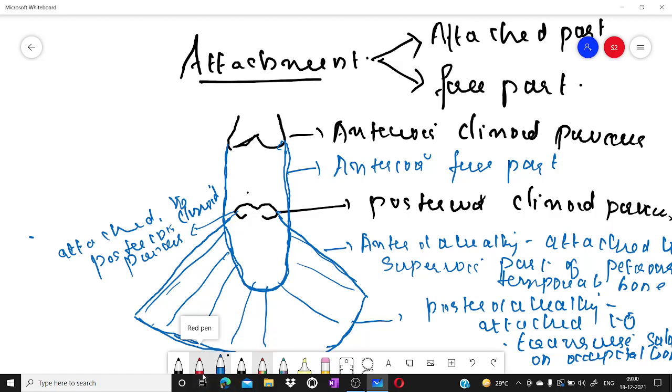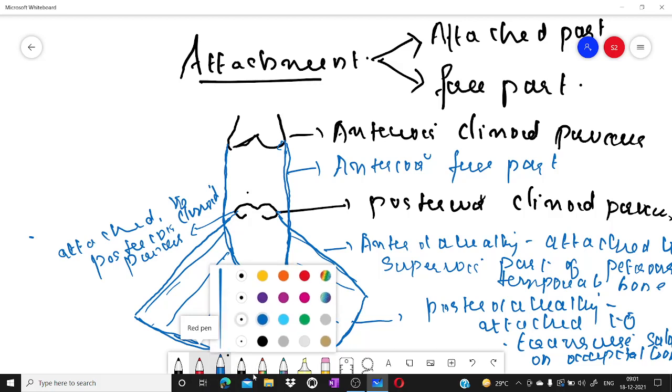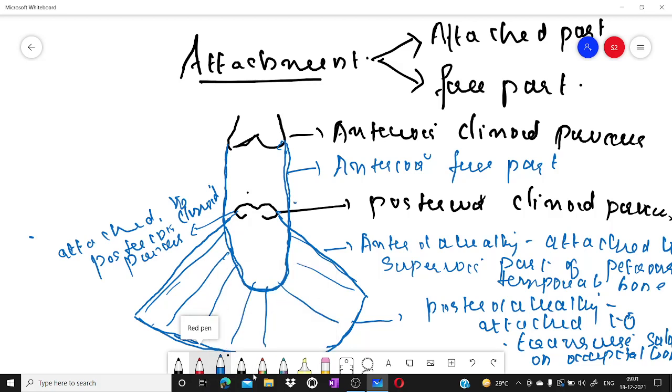Now on the superior surface, that is on the median plane, it has the attachment of the falx cerebri. The falx cerebri is attached in the median plane on the superior surface of the Tentorium cerebellae. And along the line of attachment of the falx cerebri on the superior surface of the tentorium cerebelli, we have a sinus here.